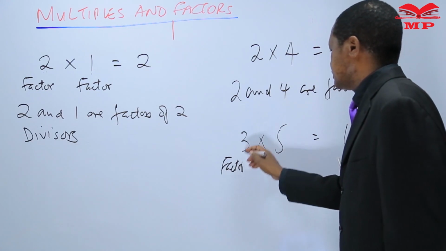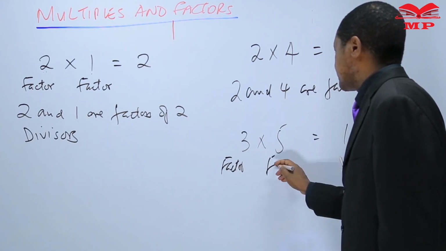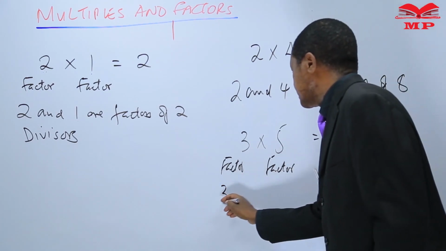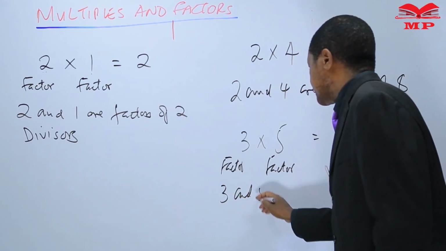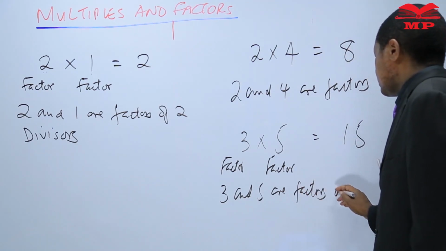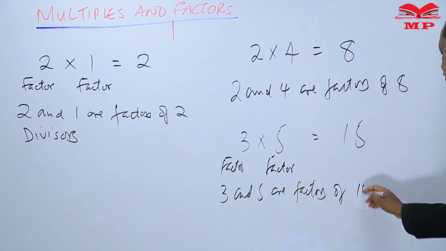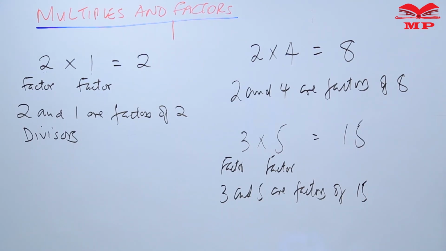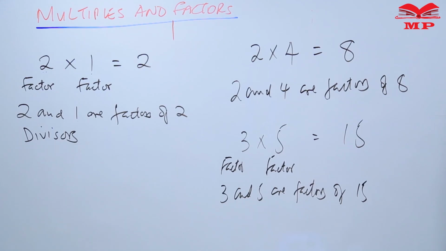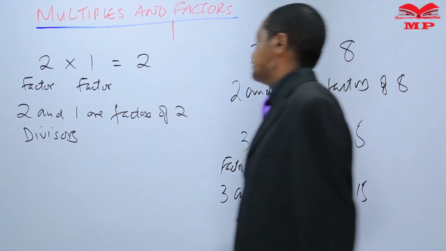These two are factors of 15. 3 and 5 are factors of number 15.